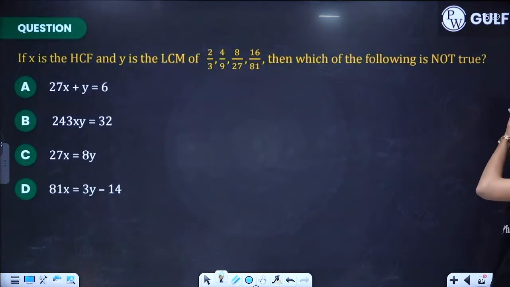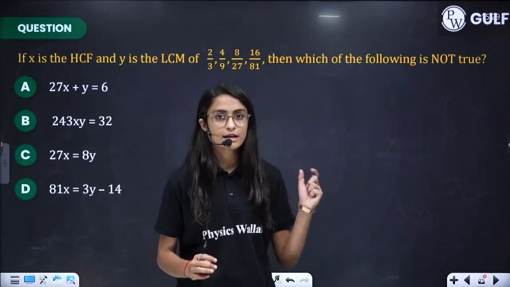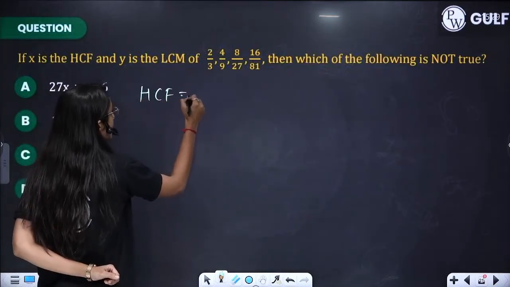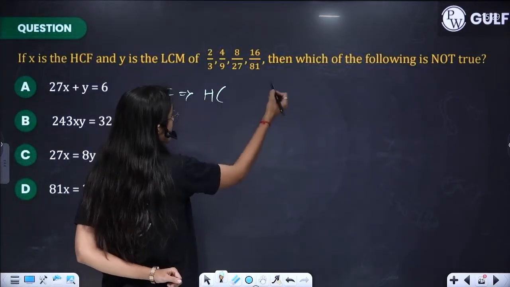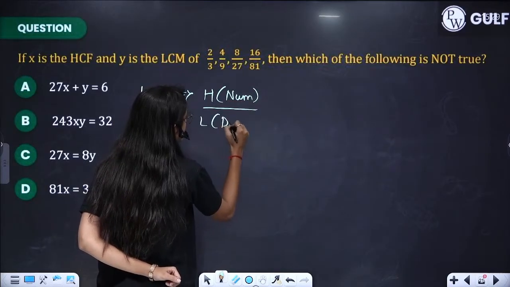Now, if X is the HCF and Y is the LCM for the following fractions, then which of the following is not true? Now, here, whenever you have to find the LCM and HCF of the fractions, in that case, HCF will be HCF of the numerators and LCM of the denominators.